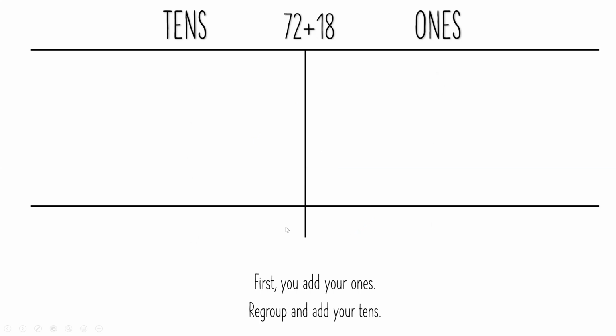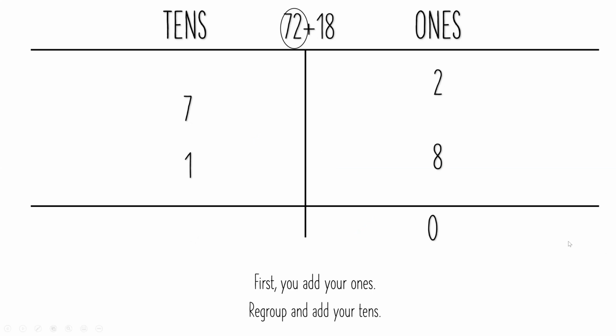Let's do another one. 72 plus 18. We're going to break apart 72: 2 ones, 7 tens, 8 ones, 1 ten. 8 plus 2 is 10.